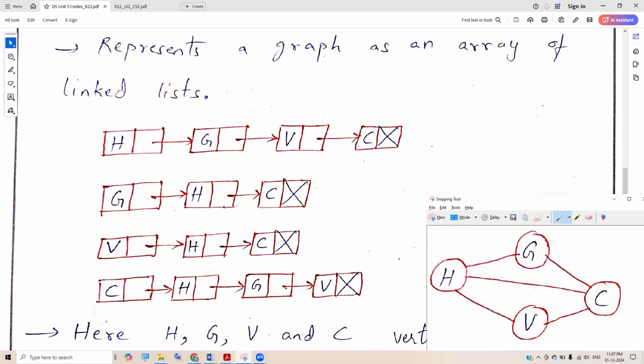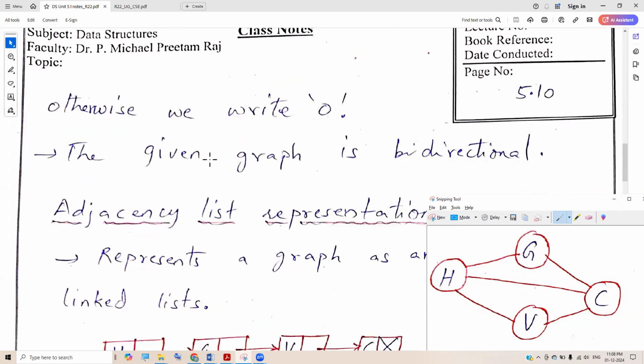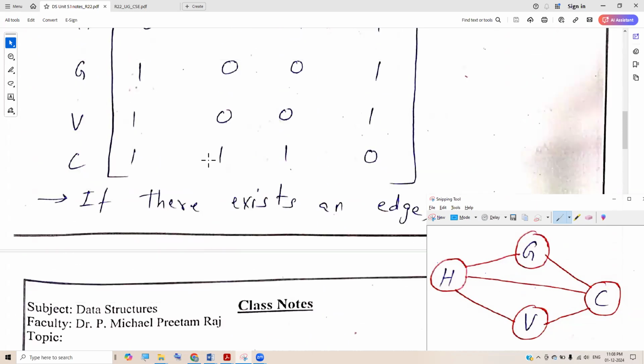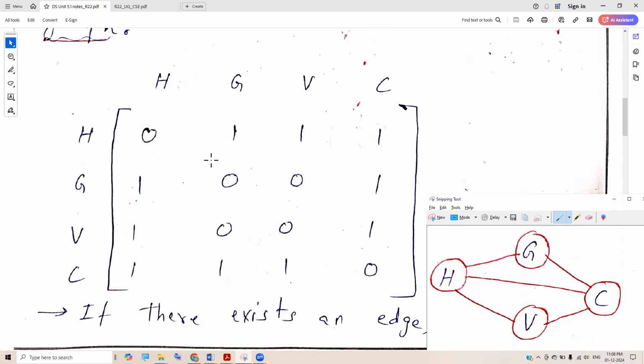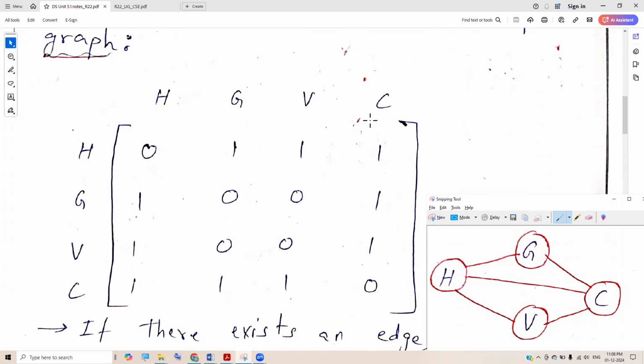With more links connected, the length of the lists increases, and we have too many nodes in the linked list or adjacency list representation. Whereas if the graph consists of too many links, then we go for the adjacency matrix representation.